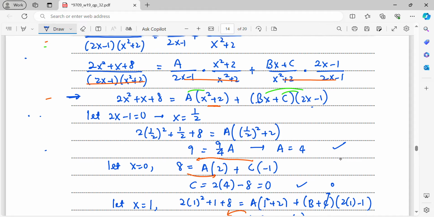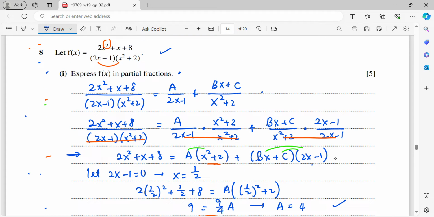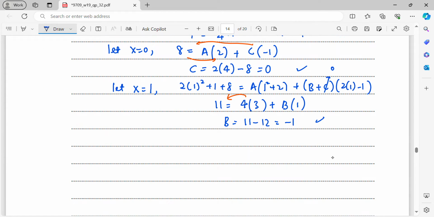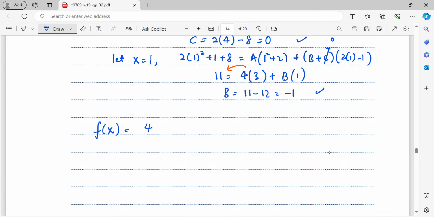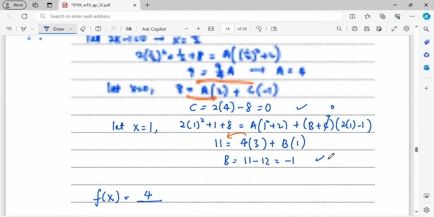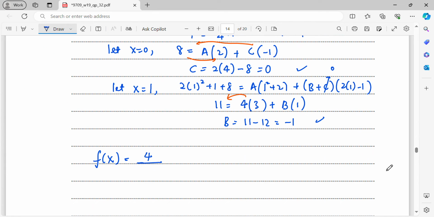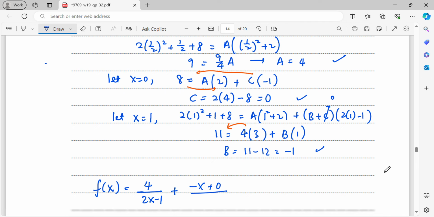So now just rewrite. Substitute back into your partial fractions. Your f(x) equals, your A is 4, so 4 over 2x minus 1, plus (Bx plus C) over (x squared plus 2).